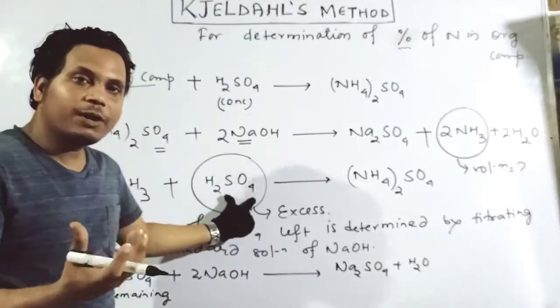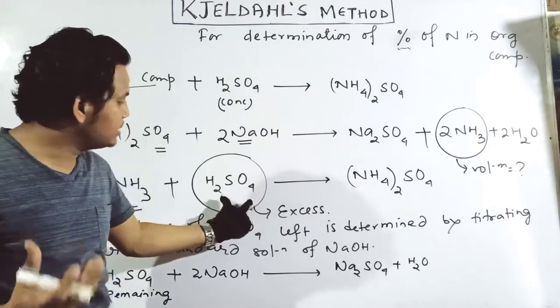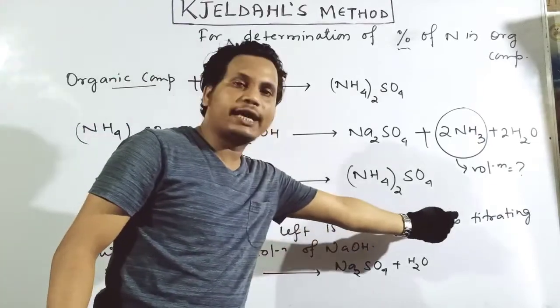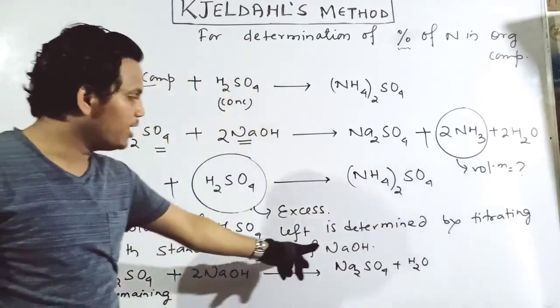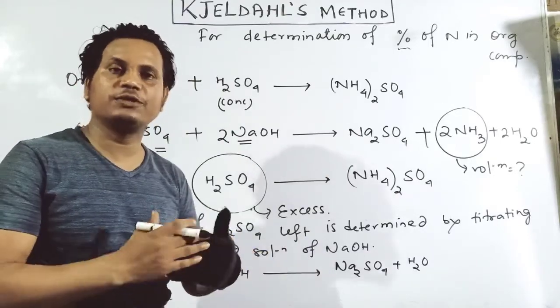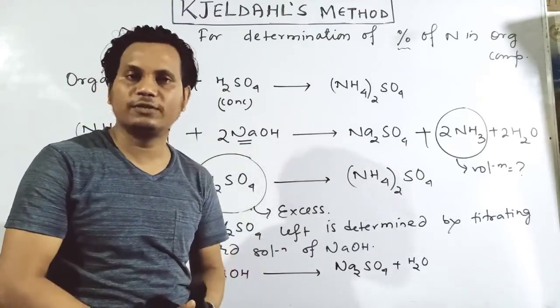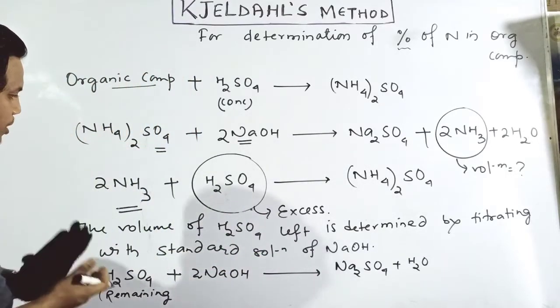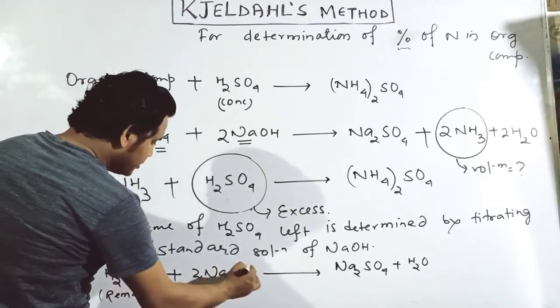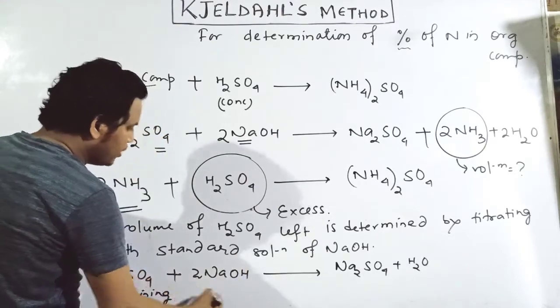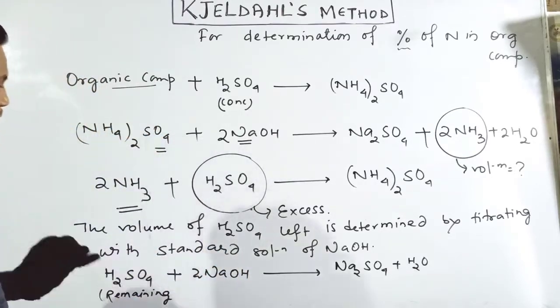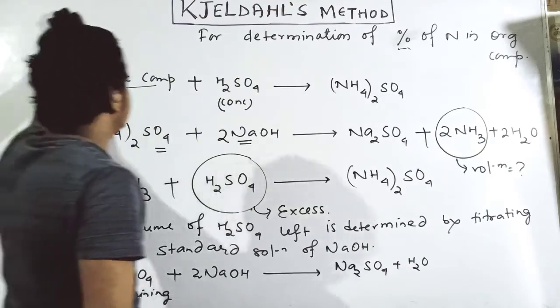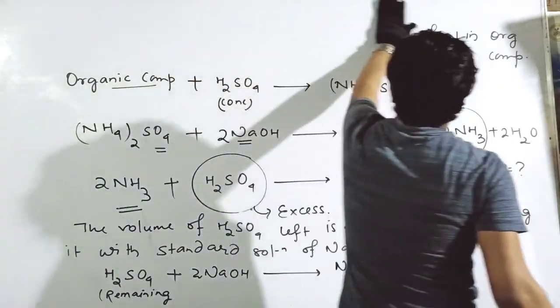The left part of the sulfuric acid is determined by titration against NaOH. Titration is also a neutralization. NaOH will neutralize sulfuric acid. Let us consider the volume of NaOH used is V1. Now the calculation part.